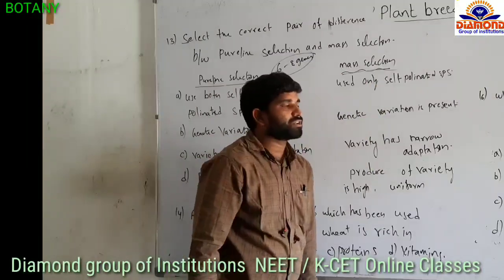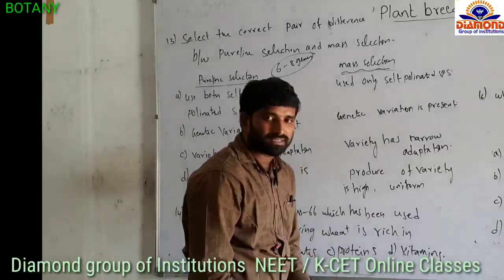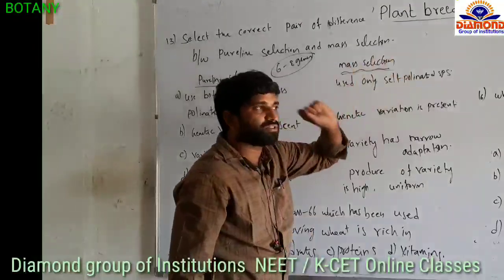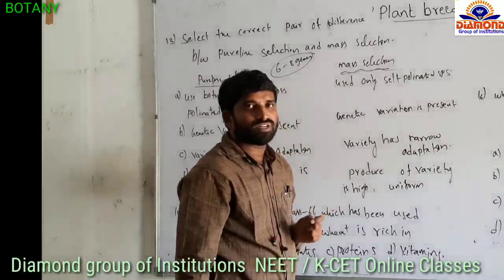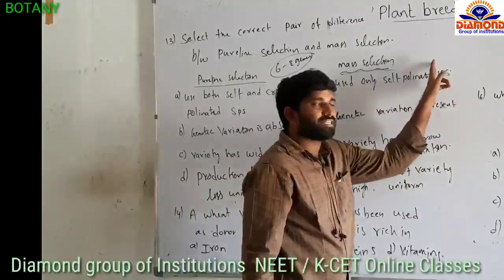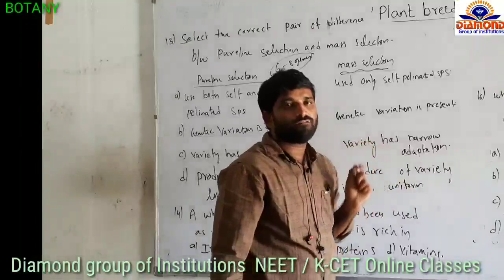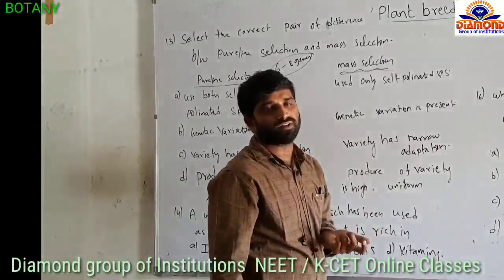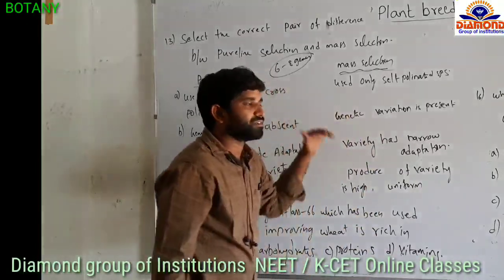And coming to mass selection. Mass selection is also like pure line selection, but here the parental plant is selected either by self-pollination or by cross-pollination.